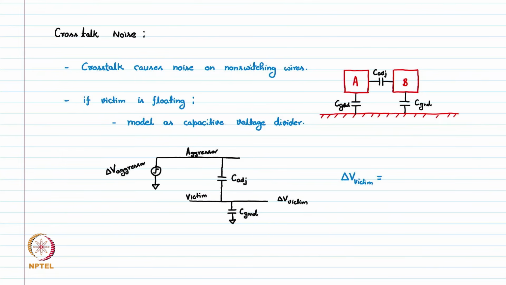So delta V victim is the voltage developed on the victim wire because of the switching, and it can be given by a simple capacitive voltage divider as C adjacent divided by C ground plus C adjacent, multiplied by the delta V aggressor.